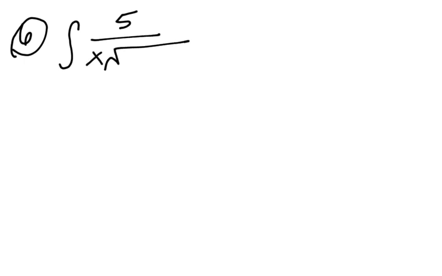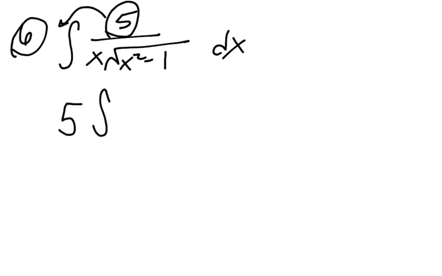Alright, number 6. The integral of 5 over x times the square root of x squared minus 1 dx. Wow, that looks complicated. Let's see here. The 5 can go in front: 5 times the integral of 1 over x square root of x squared minus 1 dx.